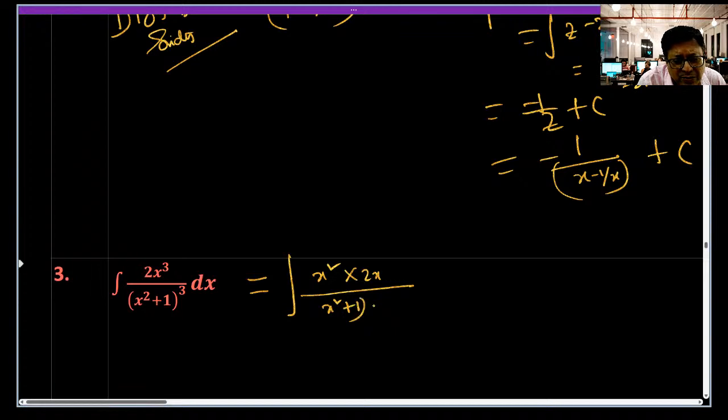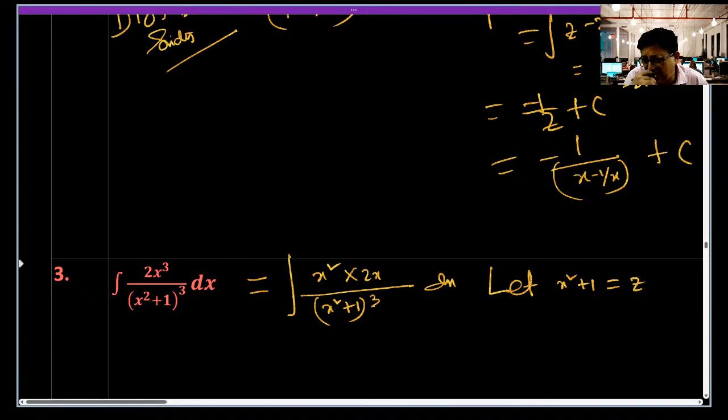Denominator is x square plus 1 cube. So let x square plus 1 equal to z. You assume this. So what do you get differentiating? 2x dx equal to dz. Am I correct? You understand, I think?